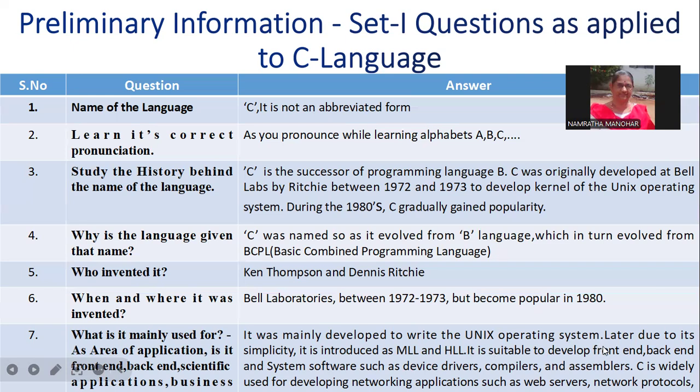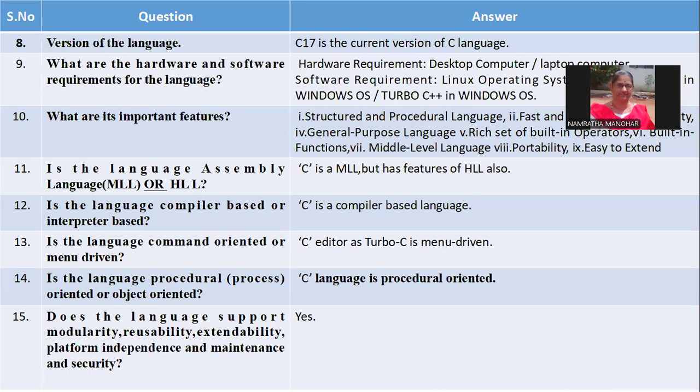Now, what are these front-end, back-end, and system software? I've already explained in my second episode. So C can be used to develop front-end, back-end, and system software such as device drivers, compilers, and assemblers. It is widely used for network applications such as web servers and network protocols.